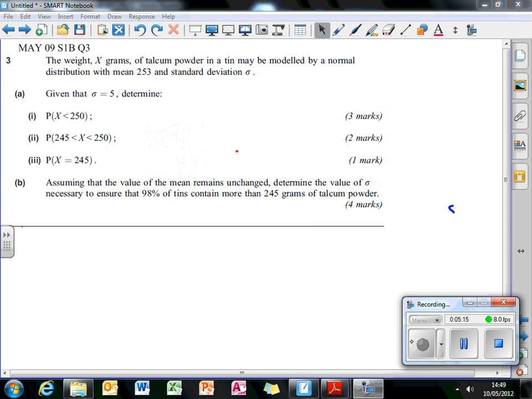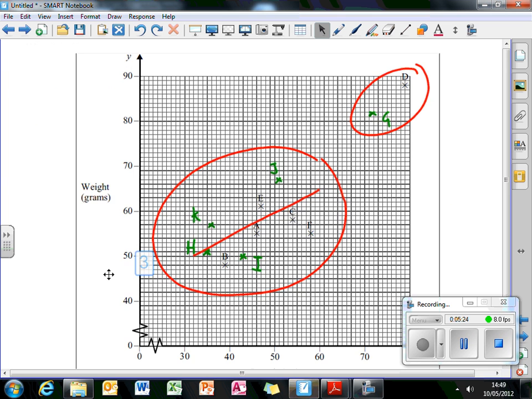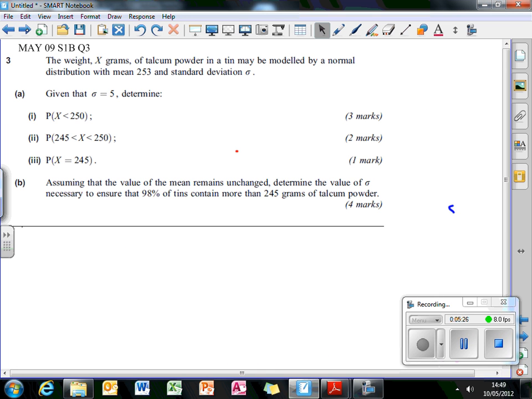Okay, so only part B now. It's worth 4 marks. It's a little bit tougher than part A, but it says assuming that the value of the mean remains unchanged. So I know that the mean stays as 253.